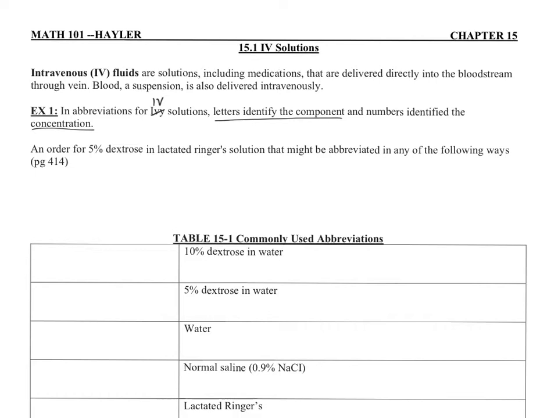So, one way, we could have D5LR, so dextrose 5 lactated Ringers, or D sub LR, or you could do 5% DLR, and lastly, D5% LR.